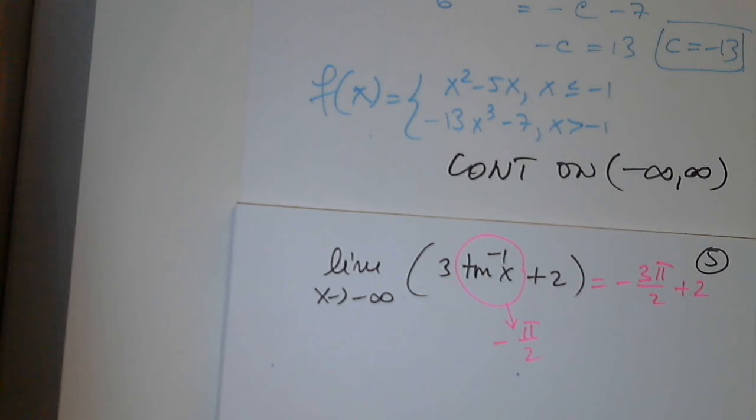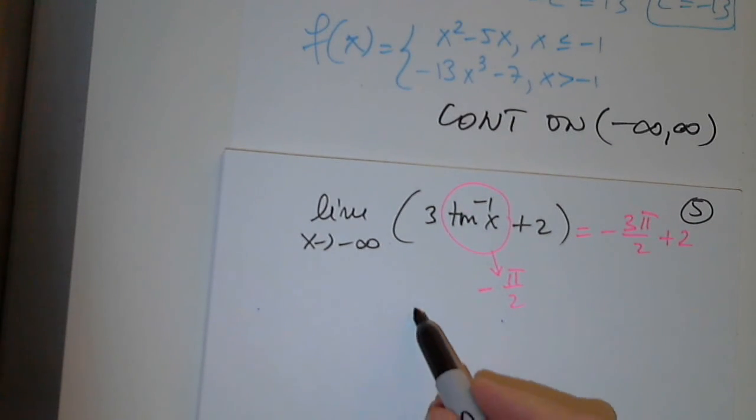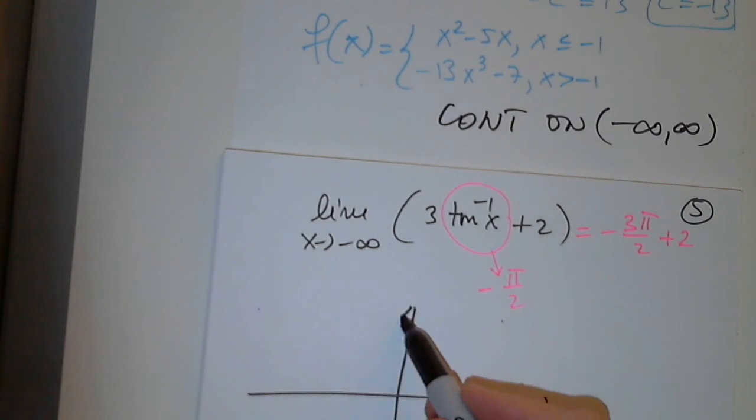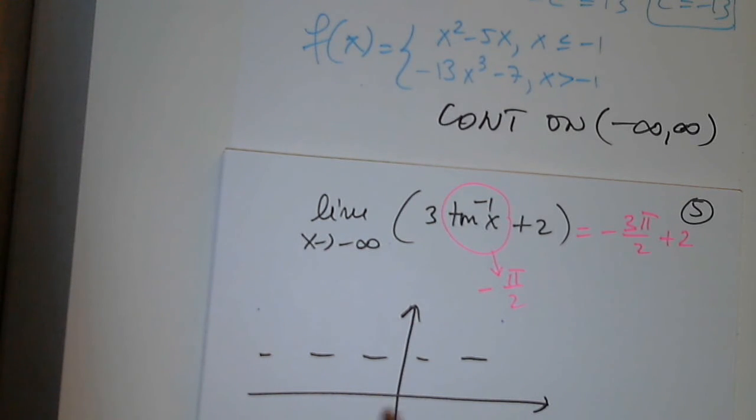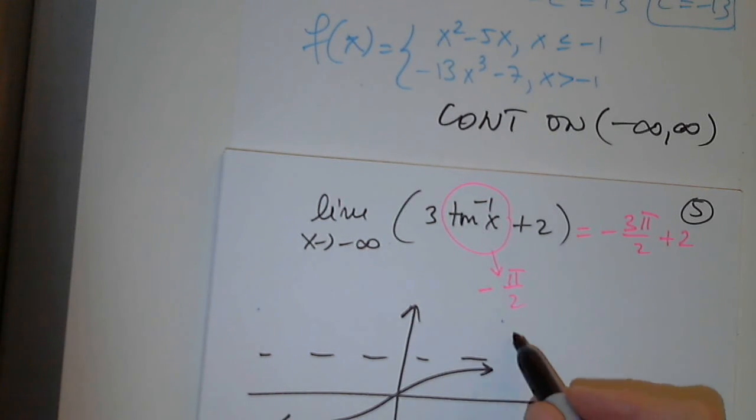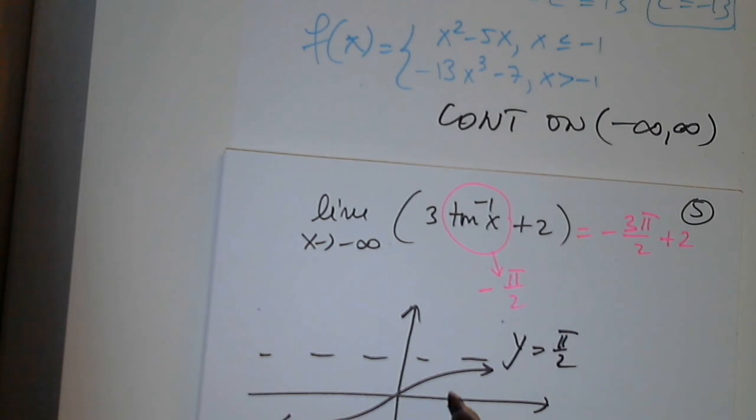Very good. Okay. Do you remember the graph of arctangent? Should I graph arctangent again? Yes. Please remember, it should be in your notes at least twice. Y equals pi over 2, y equals negative pi over 2, and this is arctangent x.